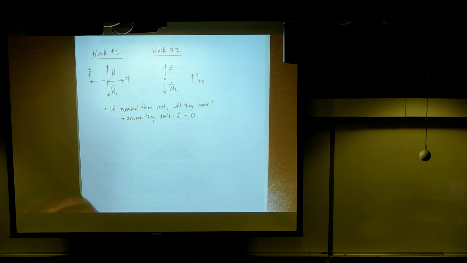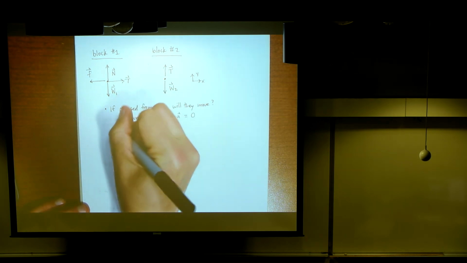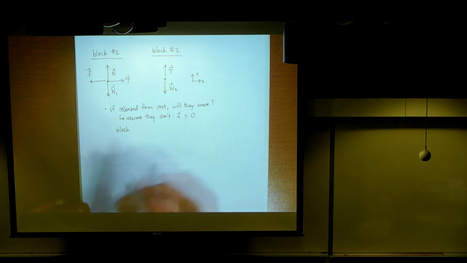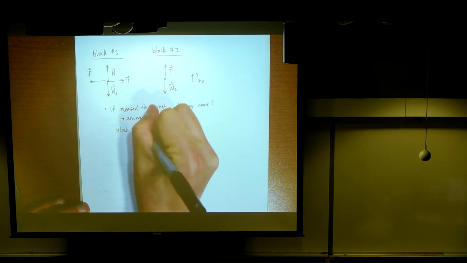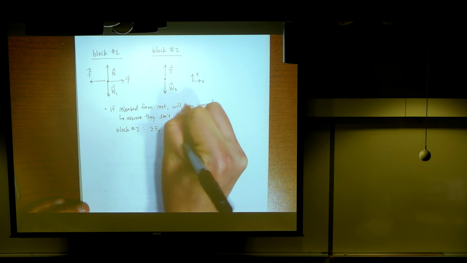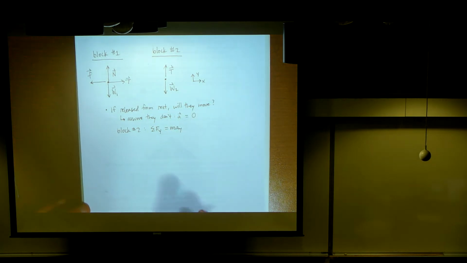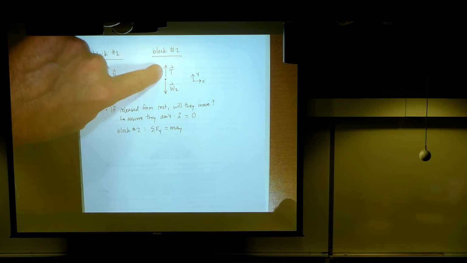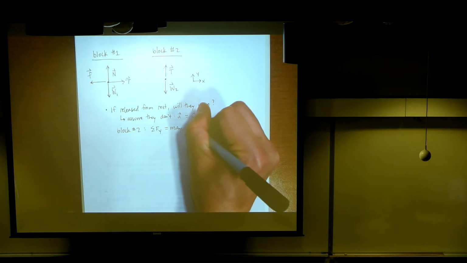So that means if we do F equals ma for block, let's start with block number 2. Let's do F equals ma on that one. What does that look like? Again, refer back to the diagram. We've got tension going up, the positive y direction. We've got the weight going down.